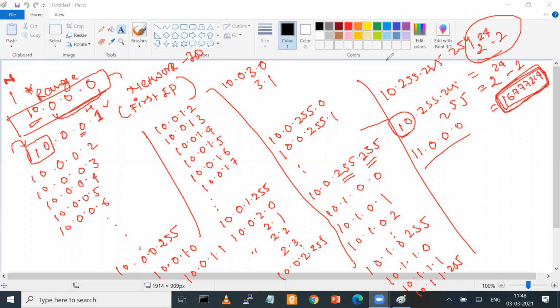Guys, any issue? I hope सबको पता चल गया होगा calculation. Yes, sir. Once you are in class A, if I write anything, let's say 12.0.0.1, so 1 is the host bit. On the basis of the host bit we can make the IPs unique. Unique बन रहे हैं.